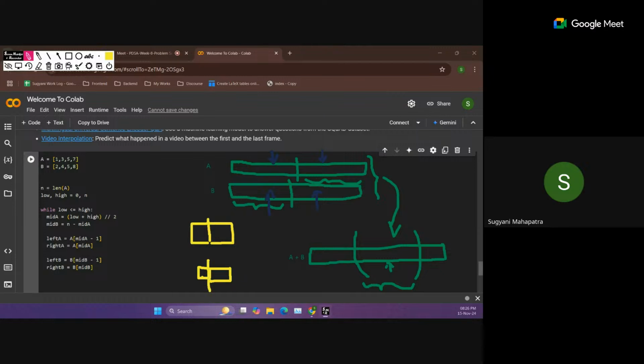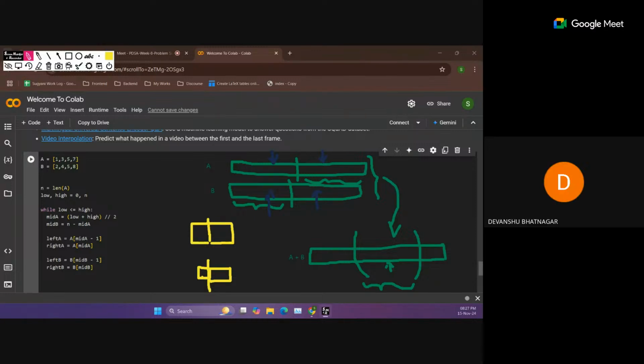So now in this scenario, tell me, where should this middle element lie? The median element. Where will it lie in this scenario? Left of B and right of A?